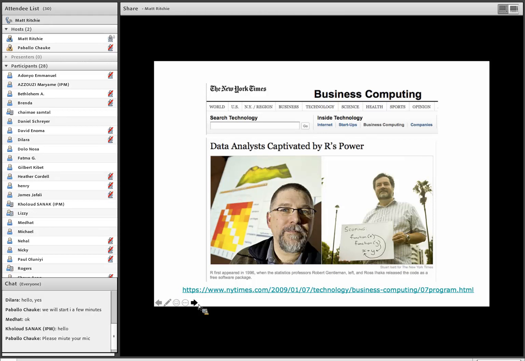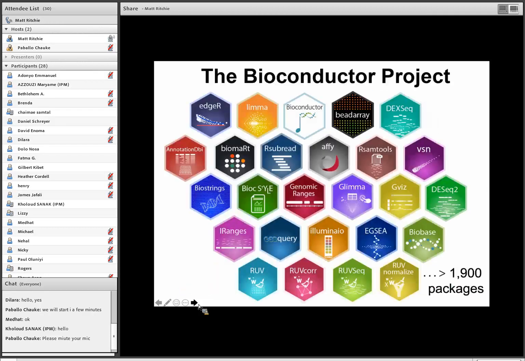And at the time, Robert was working on genomics data and really saw a need to develop an ecosystem for allowing the analysis of these new high throughput data types. And so the Bioconductor grew from just a handful of packages in 2001 when it was originally released to now over 1,900 packages in 2020. And these packages can do many different types of analysis.